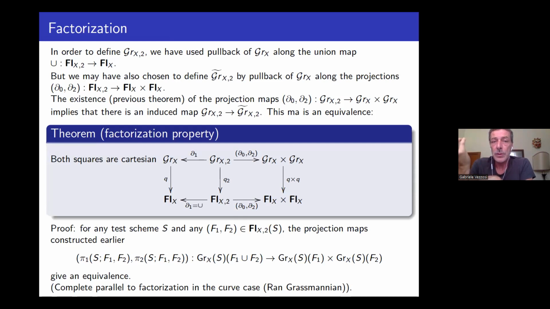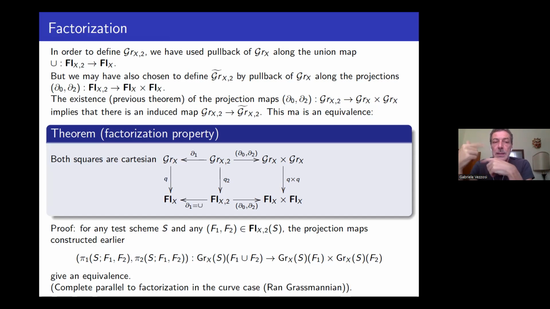But we may have also chosen to define another version, another level 2, which I denote by GR X2 tilde, by taking a pullback along the projection from Flag X2 to Flag X times Flag X, which just first takes the first flag and projects, and then the second flag and projects.